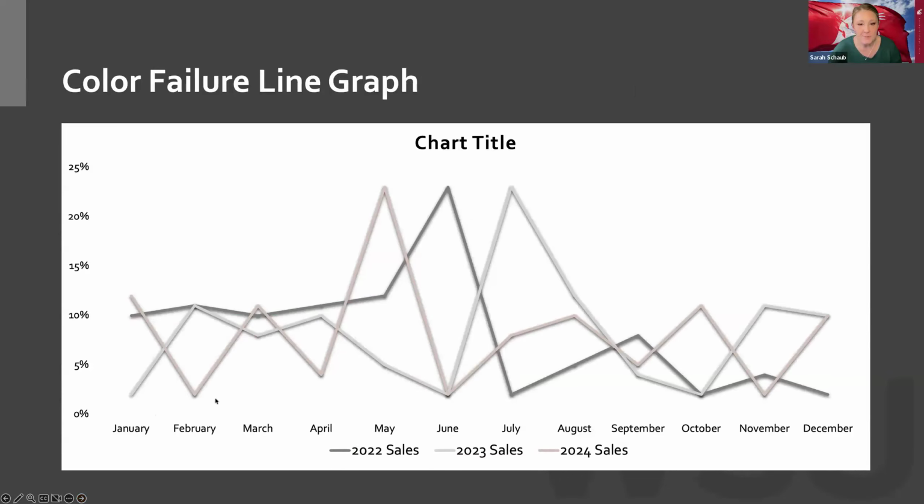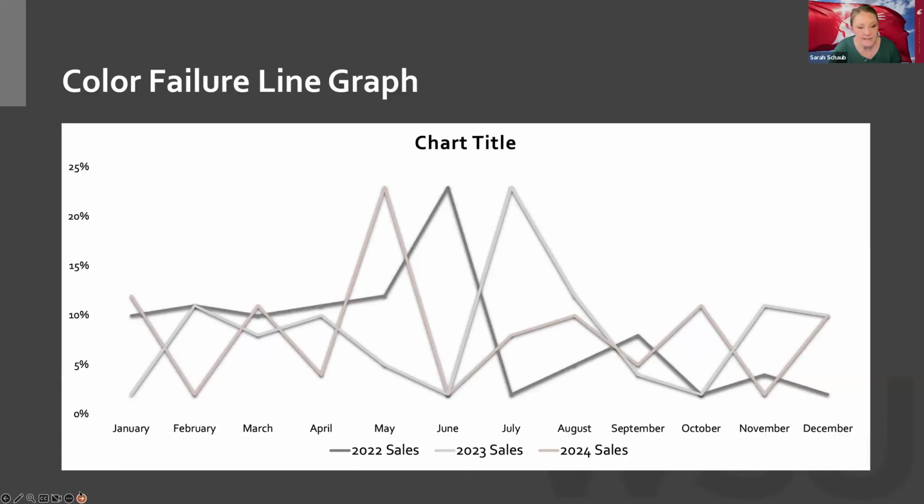So this is an example of a line graph that's using, again, three different similarly toned colors, kind of a beigey pink, a medium dark gray, and a lighter gray. And somebody who's colorblind might not be able to differentiate and might get confused with this line chart.